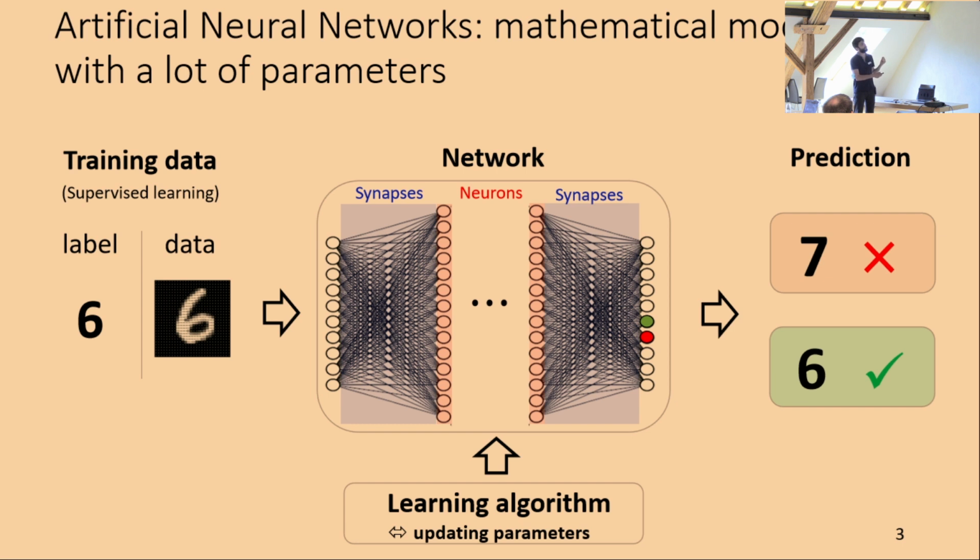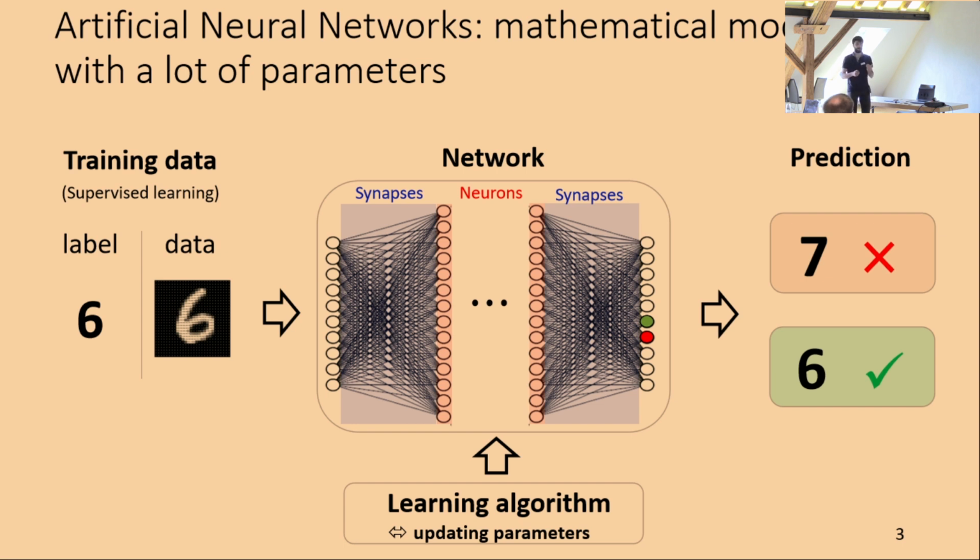This will run a certain nonlinear mathematical operation until you get, at the end, a certain number of outputs. The number of outputs depends on the number of classes you consider in your training set.